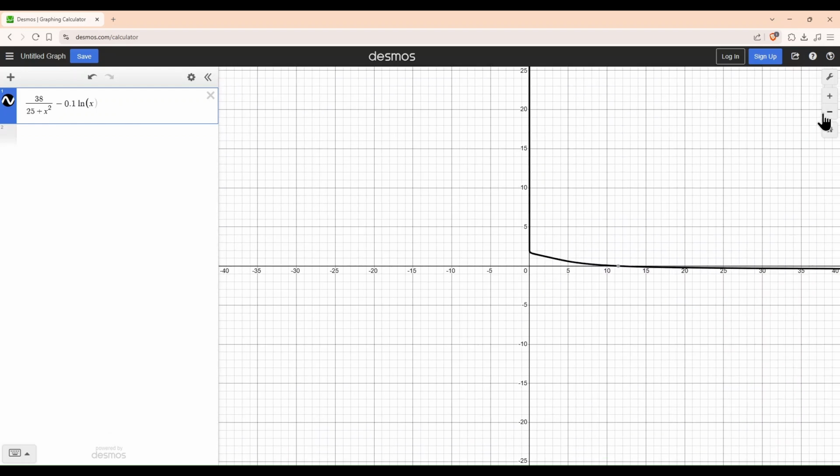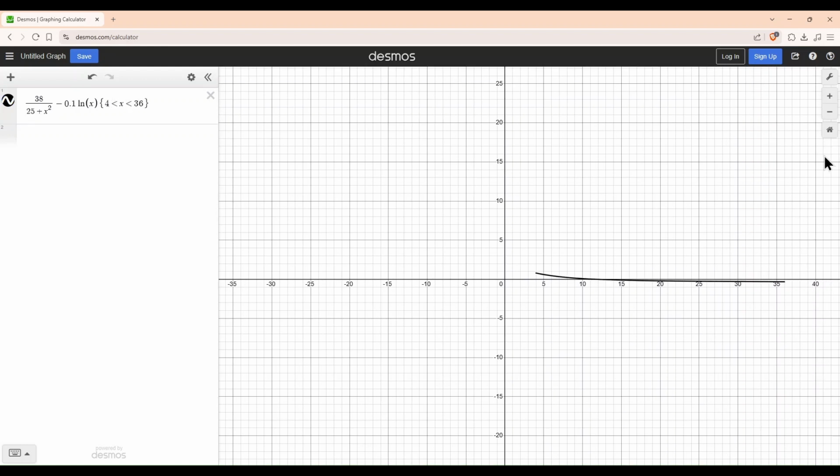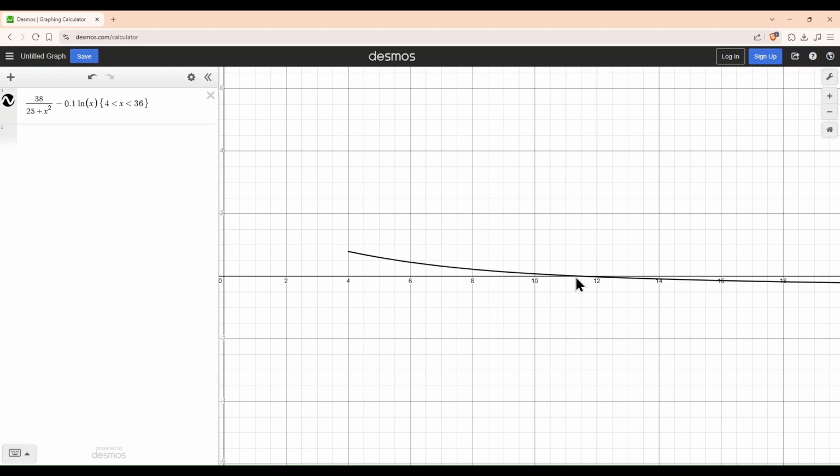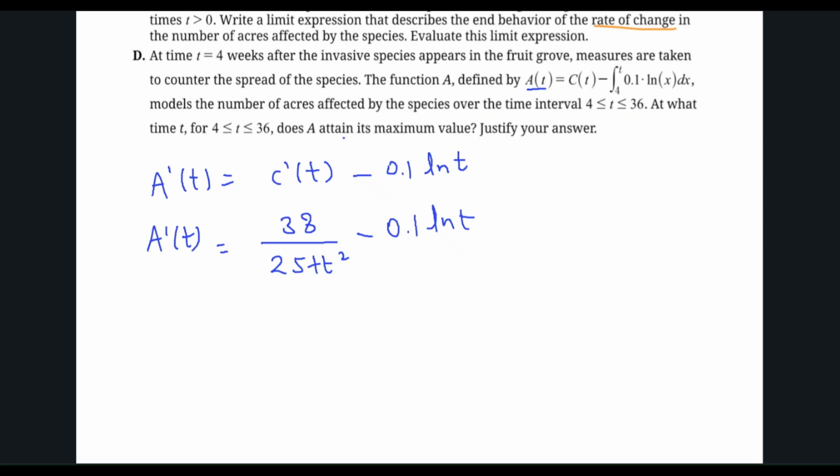So here, is it undefined at that point? Yes, at x equal to 0, but remember that this portion we have to analyze only from 4 to 36, right? So there is no point where it is undefined. It's defined everywhere. And the only critical point is 11.442.